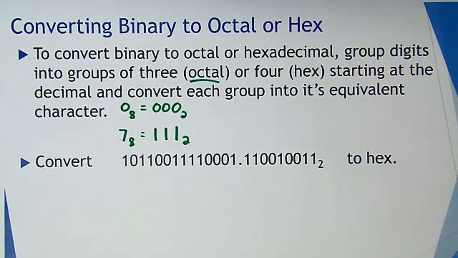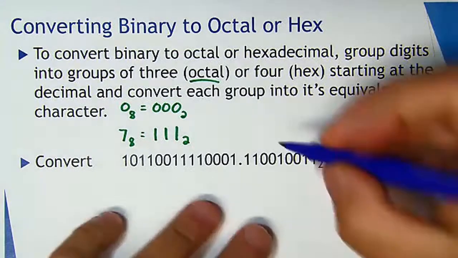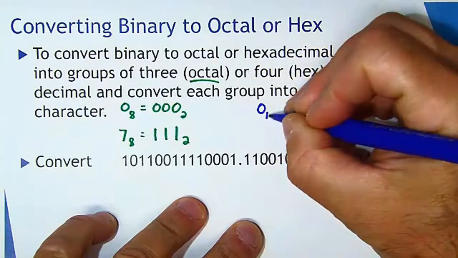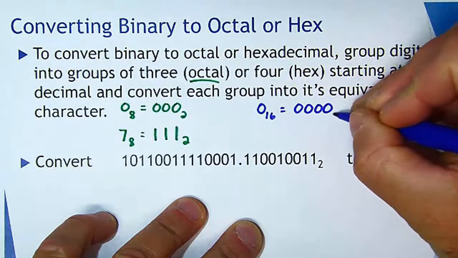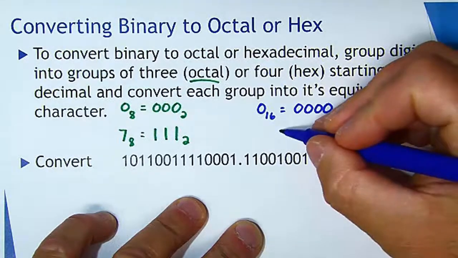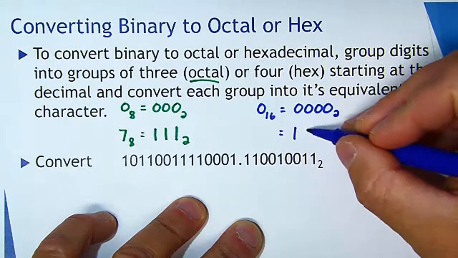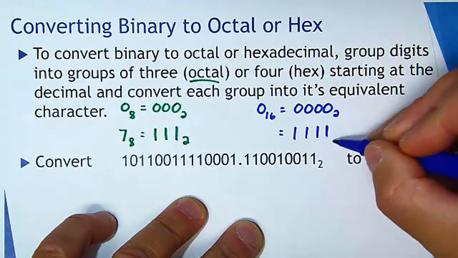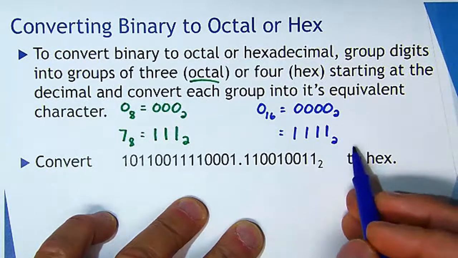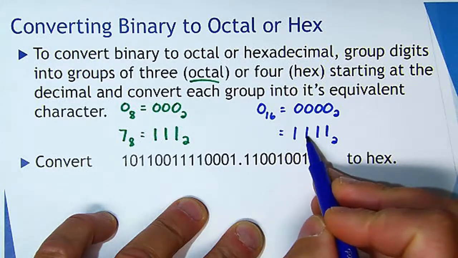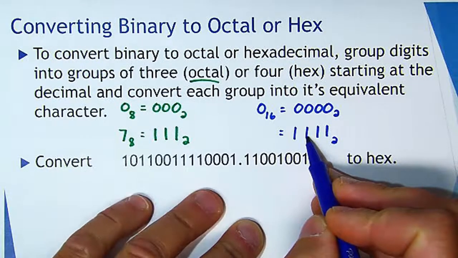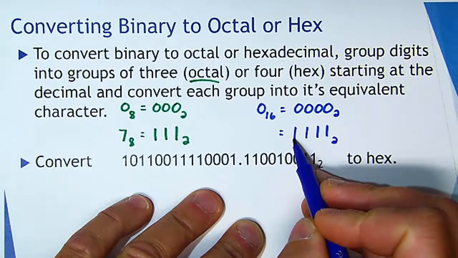The same thing is true for hex, but we need one more place to do it. 0 in base 16 is equal to 0000 in binary. But what do we have if we have 1, 2, 3, 4 ones in binary? 1111? Well, that's 1 plus 2 plus 4, that's 7 like we had back here, plus 8, another spot, that makes 15.